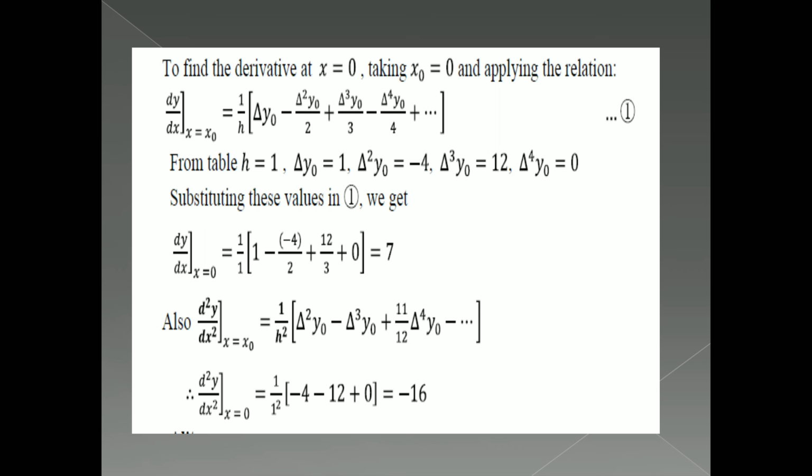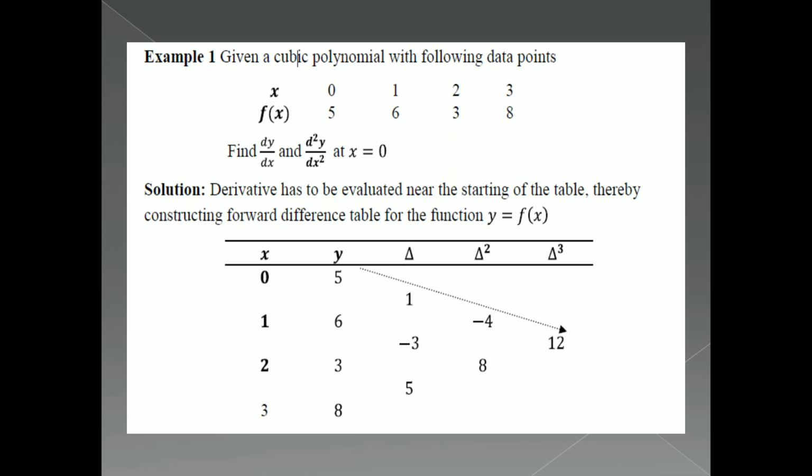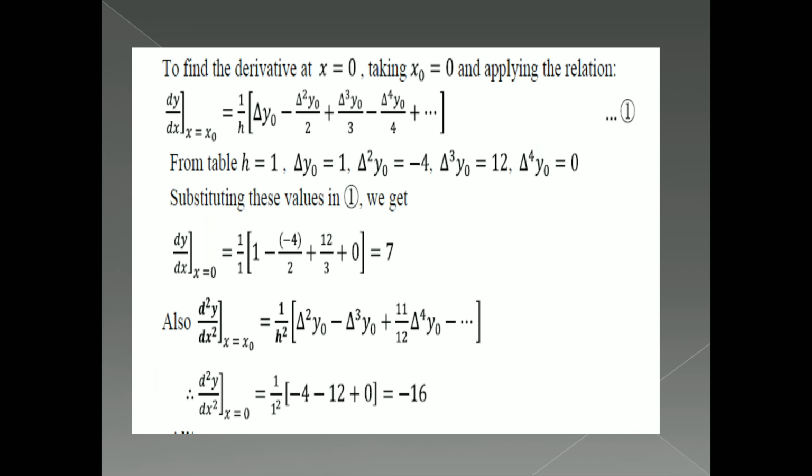Here we get the last value, that is delta cube of y0, and the next values are absent. So we have to substitute only two values, the value of delta square y0 and delta cube of y0. We get the second order derivative of y with respect to x, and it is minus 16.